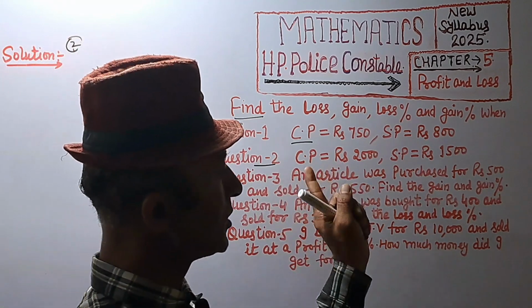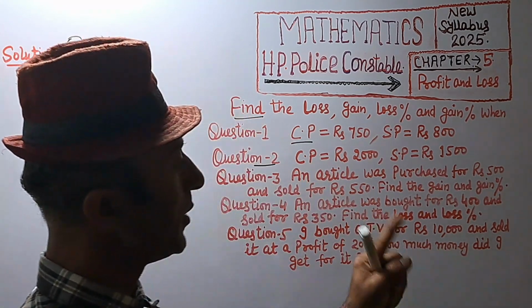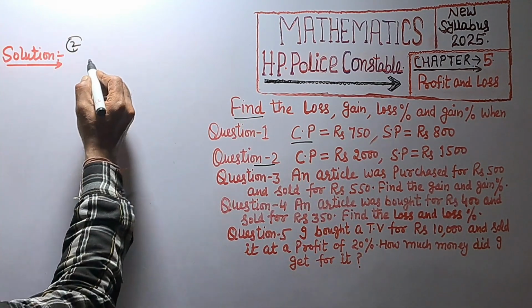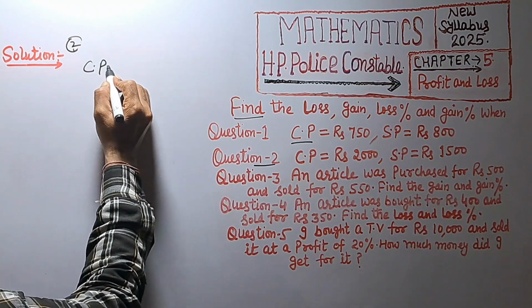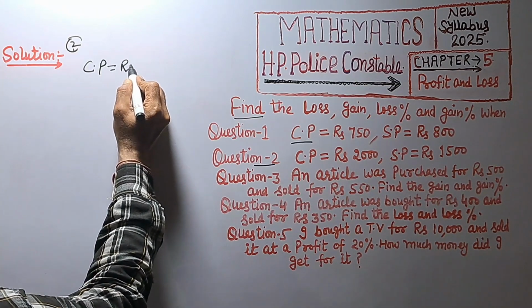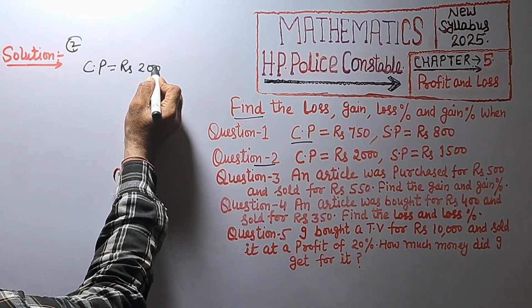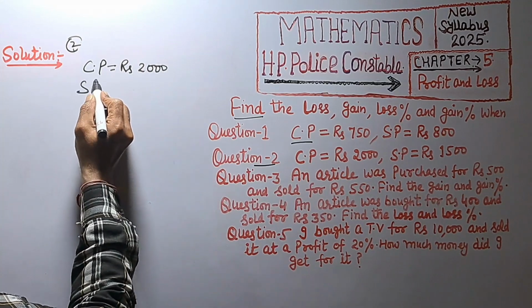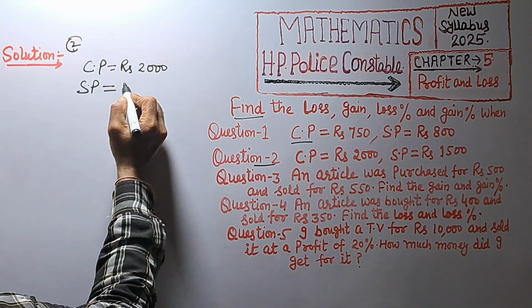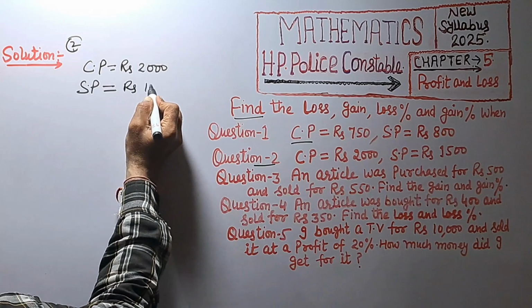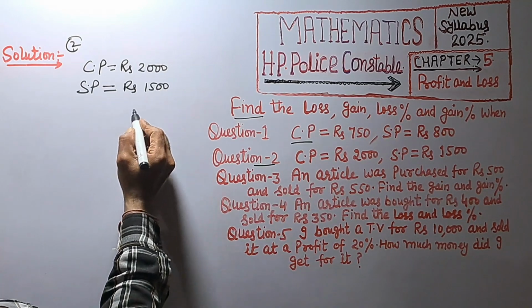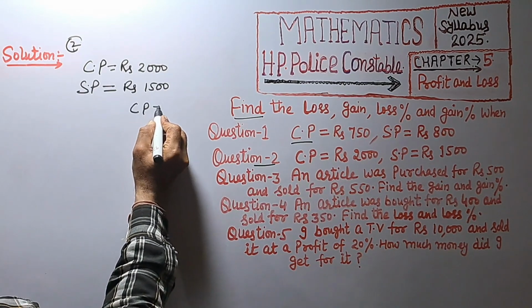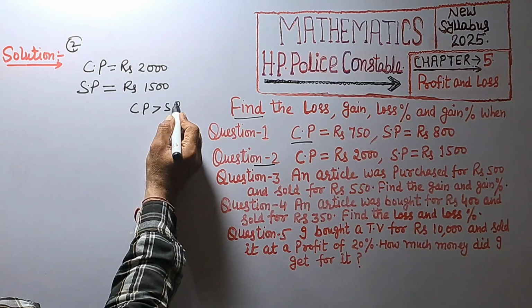Cost price is rupees 2000, selling price is 1500 rupees. CP is equal to rupees 2000 and SP equal to rupees 1500. CP is greater than SP.